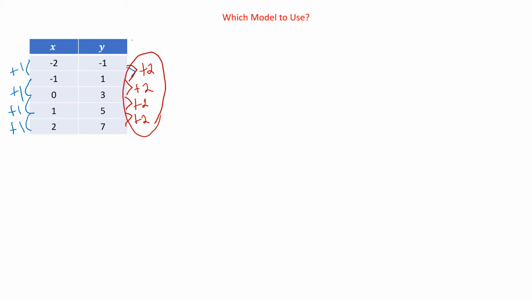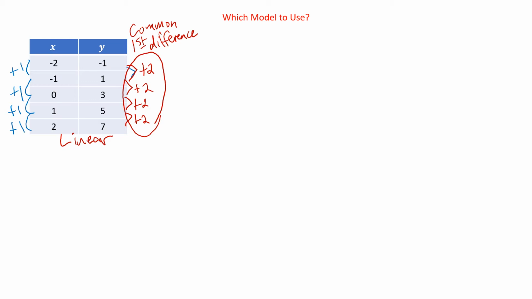This is what's called a first difference. In fact, in this case, it's a common first difference. And what that tells us is that this is linear, because that first difference is the same.